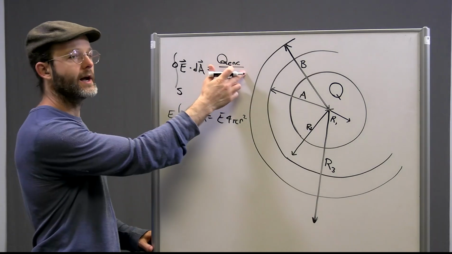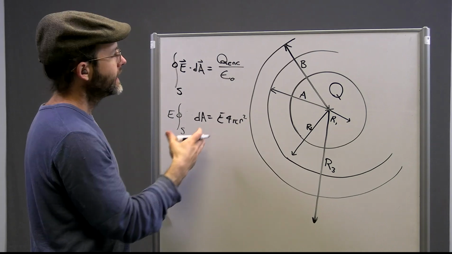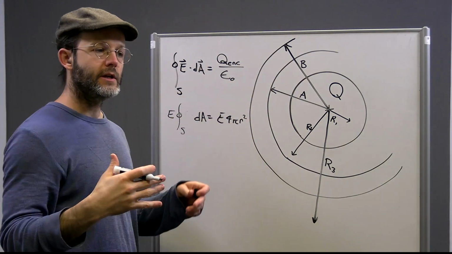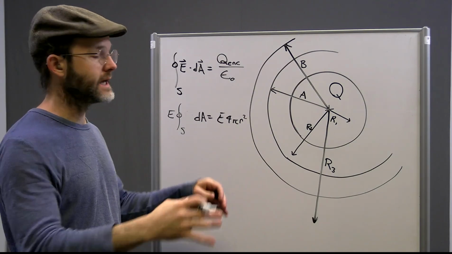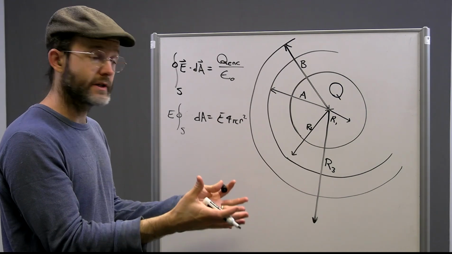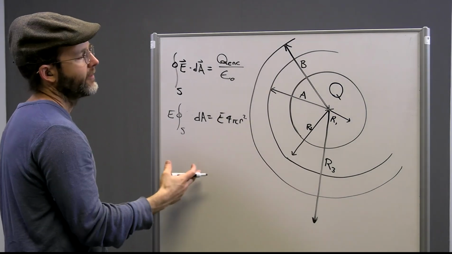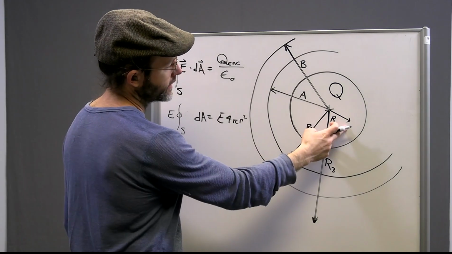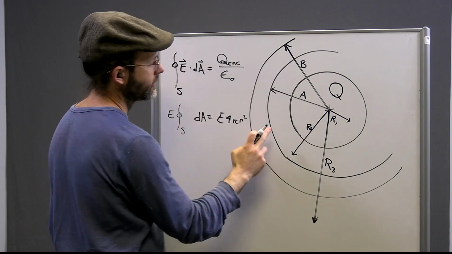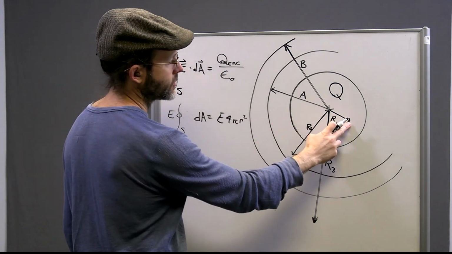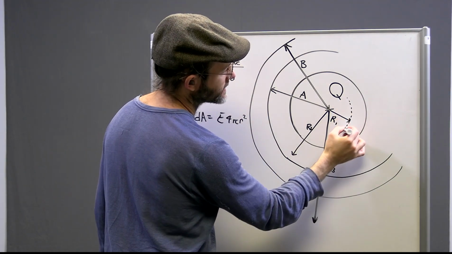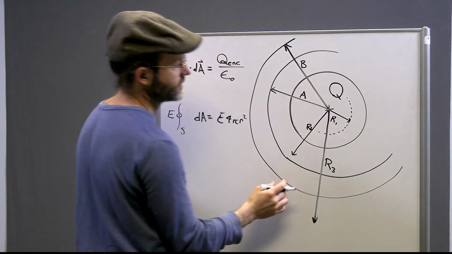What do we do with the right-hand side? The right-hand side is directly proportional to the total amount of charge enclosed within your theoretical Gaussian surface. Now let's think about that for a minute. At R1, we want to evaluate the electric field when little r is equal to R1. So this is where our imaginary spherical Gaussian surface is at R1.